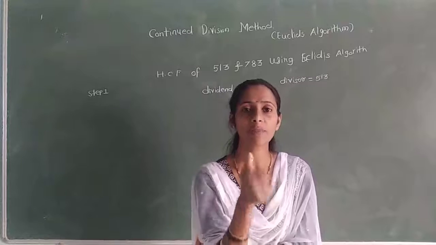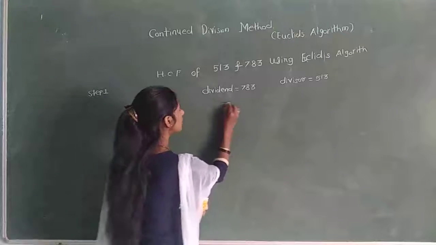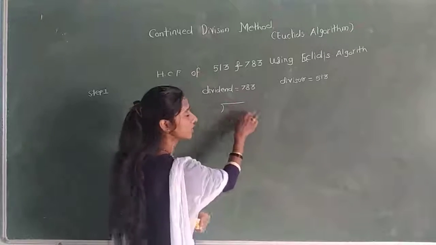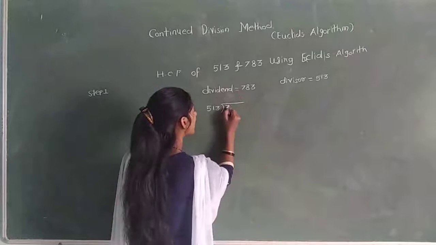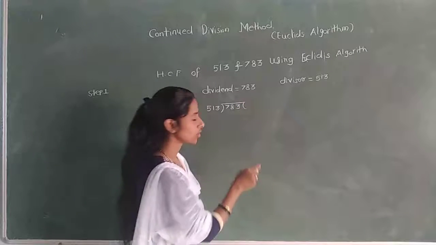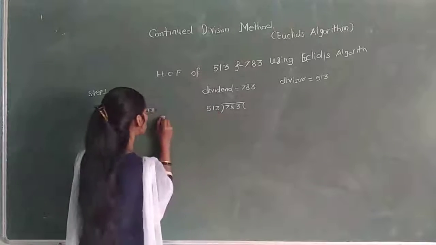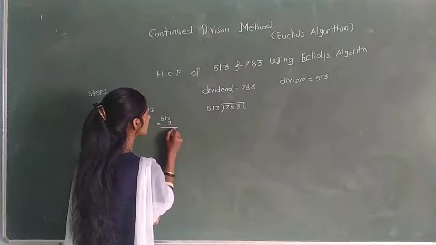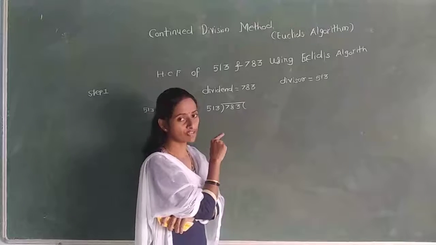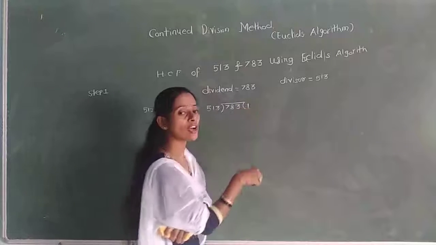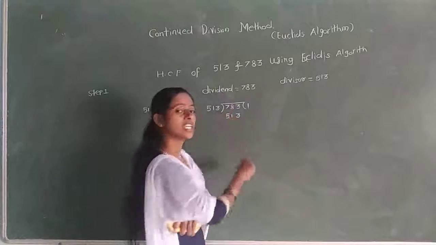Now the third step: find the quotient and remainder, that is, do the division. Here 513 is the divisor and 783 is the dividend. 513 into 1 is 513. 513 into 2 is 1026, which is greater than the dividend. So 513 times 1 is 513, which is closest to and less than 783.